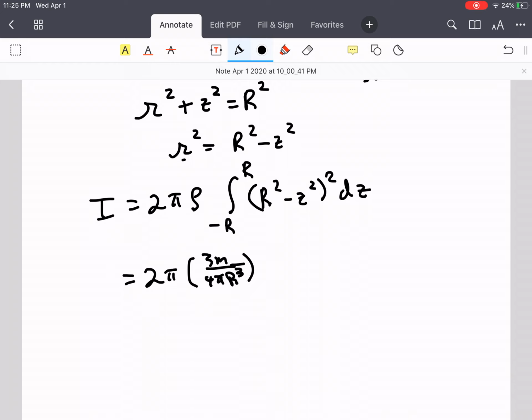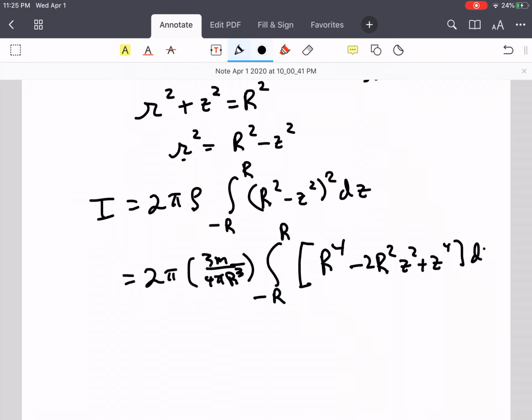Times this integral. So first off, let's go ahead and write out what this integral actually is. So this is the integral of capital R to the fourth minus 2 capital R squared z squared plus z to the fourth dz.